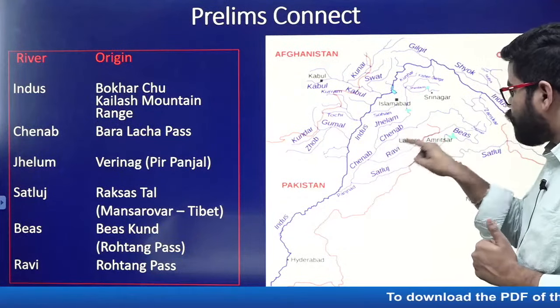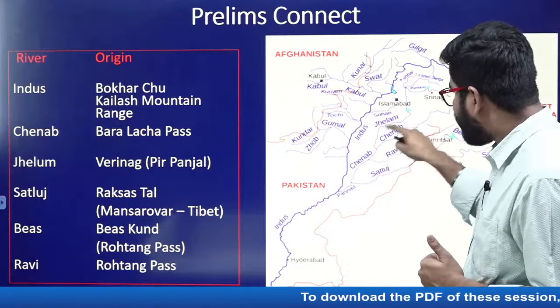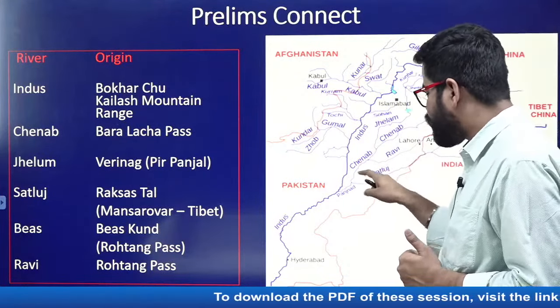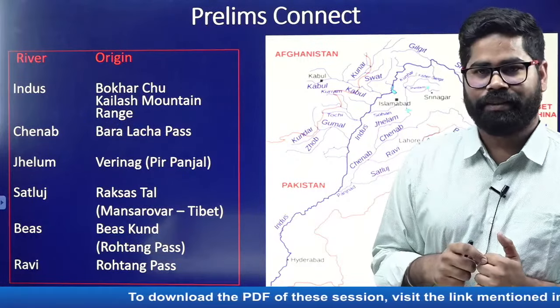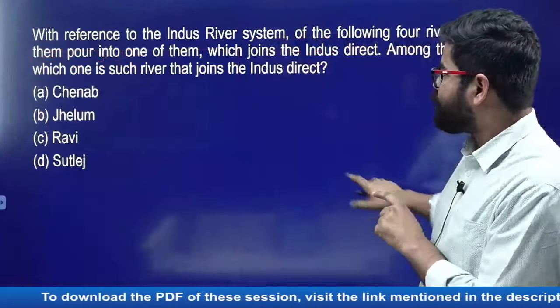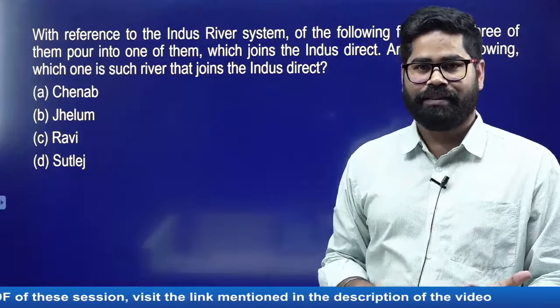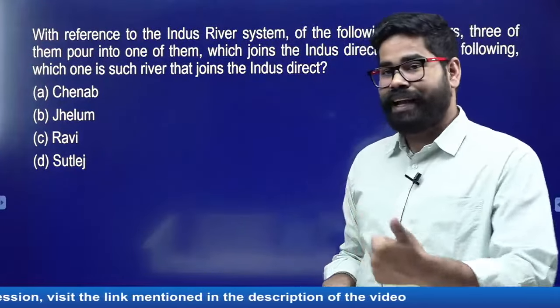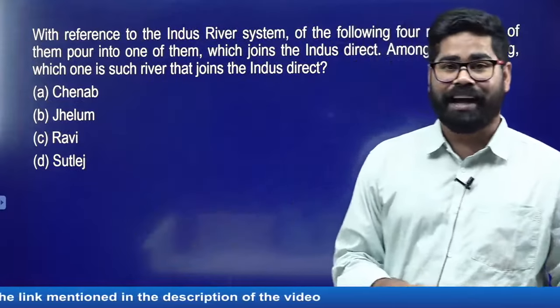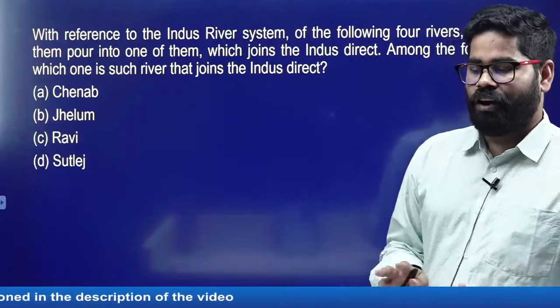You see, Ravi is also joining the Chenab, Jhelum is also joining the Chenab, and then Chenab and Satluj are interlinked here. So if we go by that statement that 3 of them are pouring into one, then Chenab should be the answer. But again I am saying at some places even Satluj has been given as the answer. So let's wait for the official one.